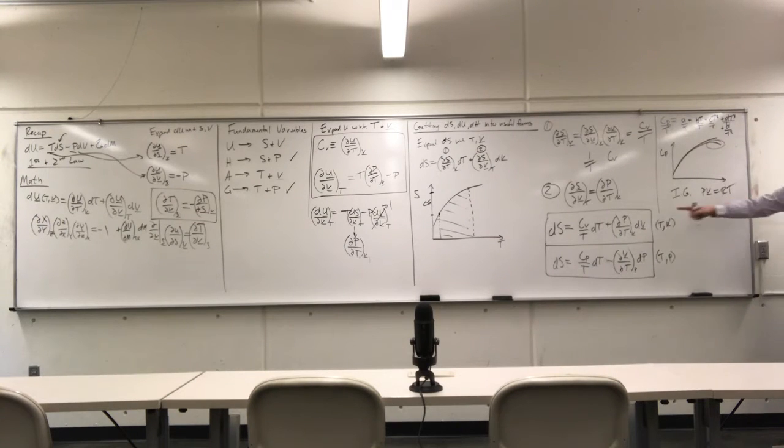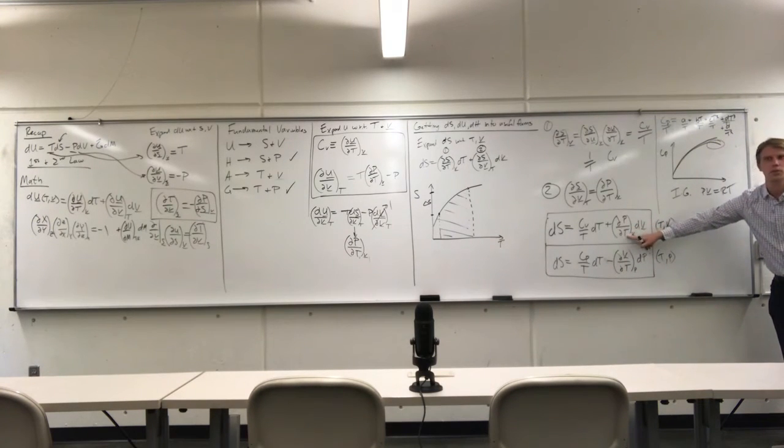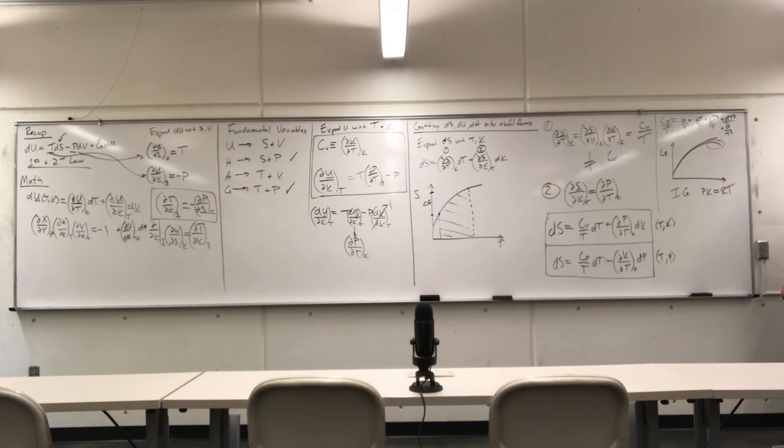So please tell me what the change in pressure with respect to temperature is for an ideal gas. R over V. R over V, that's the one.